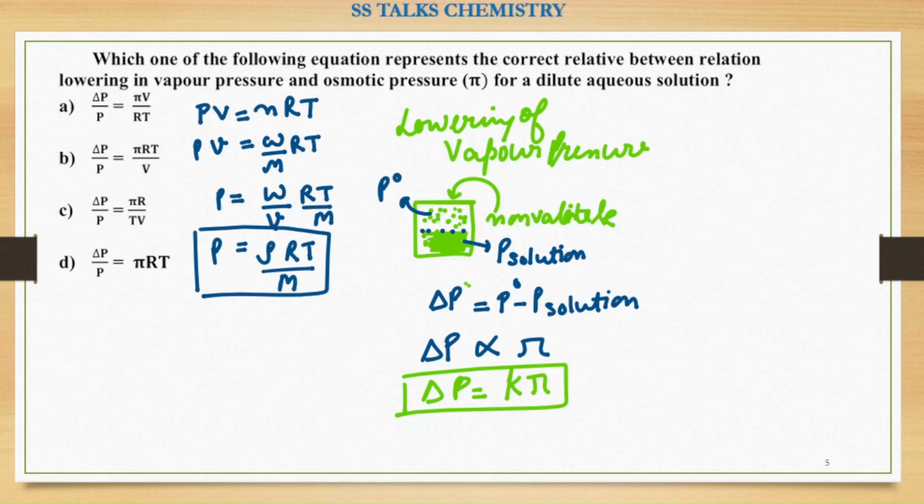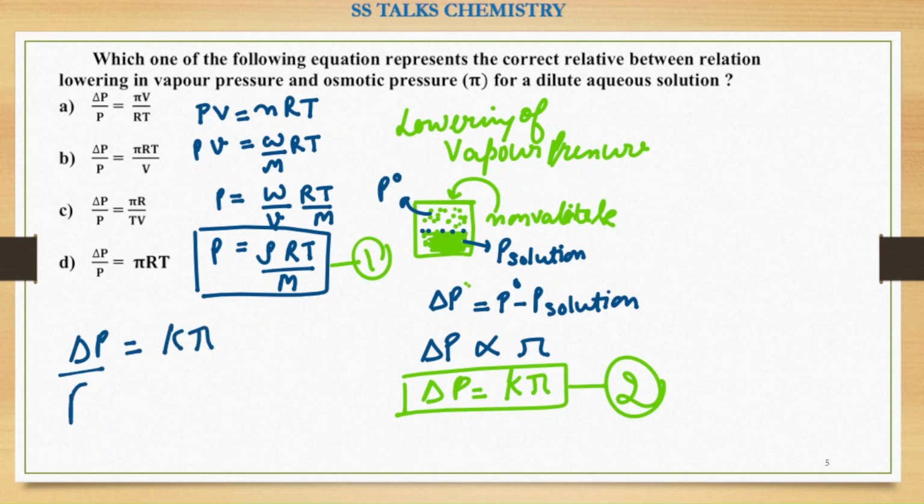So if you divide the second equation by the first equation that we obtained, we reach our final expression. Delta P is equal to K pi, in the denominator it will be P, and here it is rho RT upon M. So M we bring into the numerator. If you take K equal to 1, it can be eliminated from here.